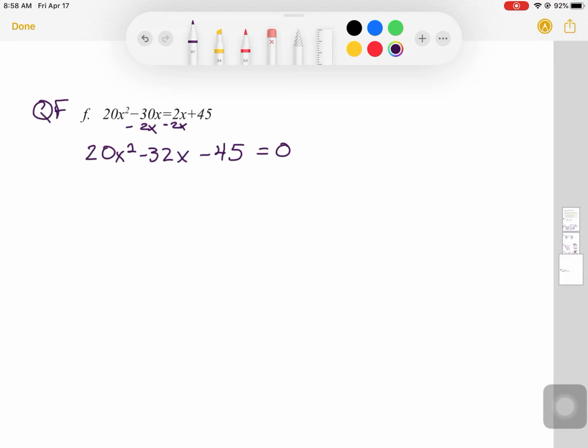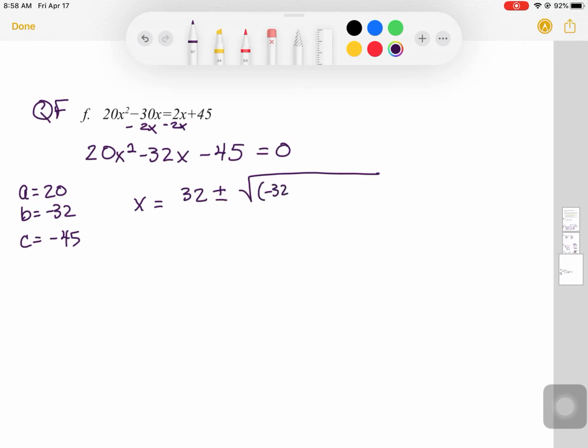All right, so here we go. A equals 20, B equals negative 32, and C equals negative 45. So x equals the opposite of B, which is 32, plus or minus the square root of negative 32 squared.